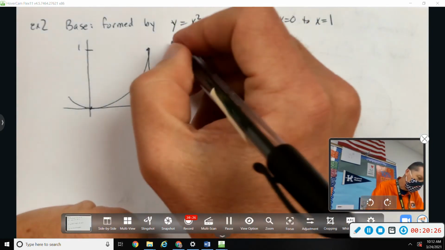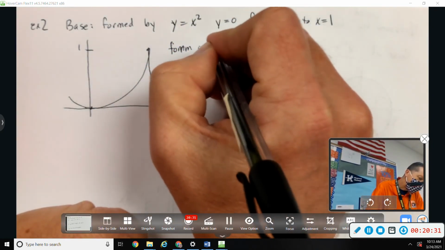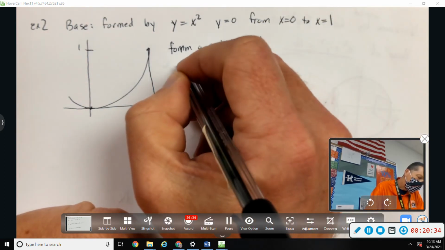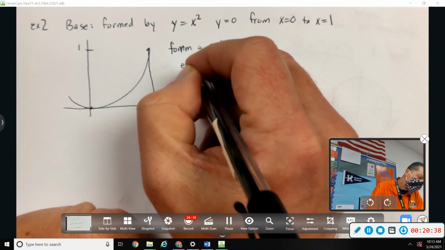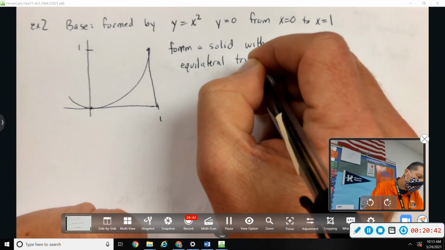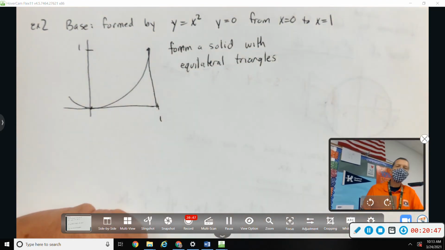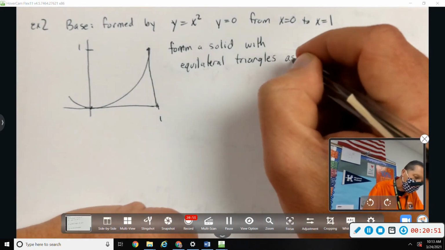Now I want to form a solid with equilateral triangles as cross sections, I guess I should say.